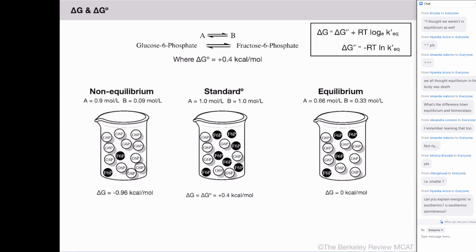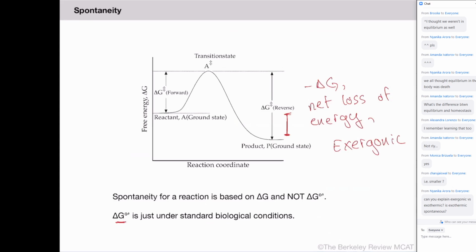Someone says, can you explain exergonic versus exothermic? I can do it quickly, and we're going to explain it more later. Exergonic is a loss of energy; we're losing free energy. And endergonic is a gain of energy. Exergonic versus exothermic would be similar. Exothermic, you release heat; exergonic, you release energy.